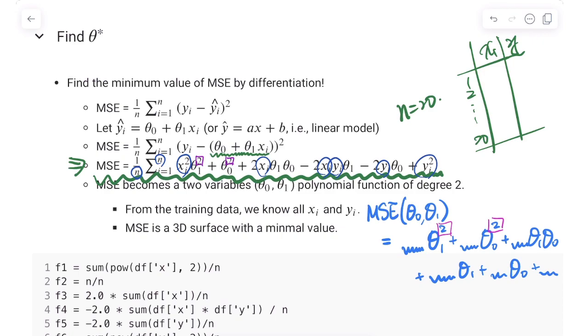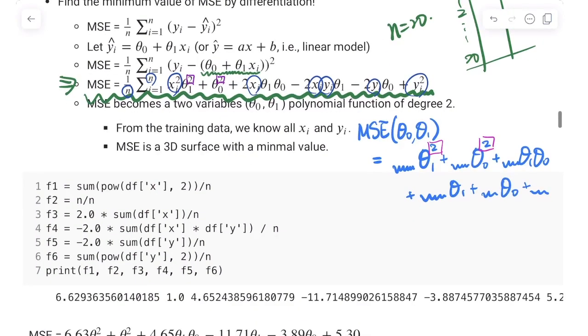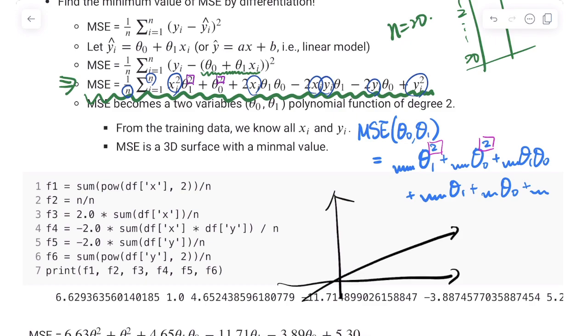So we can imagine that if this is theta 0, this x-axis is theta 1, and that is the MSE function of theta 0 and theta 1. Because it has a square right here, it should look like a basin.